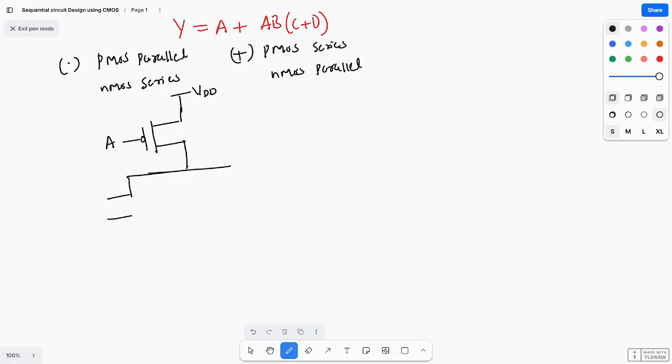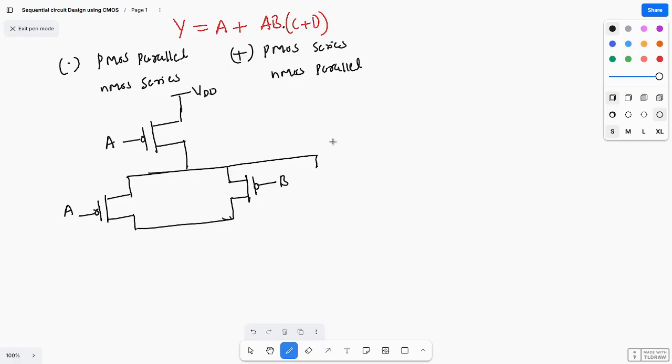Let us take this one A and B, parallel. Again AND operation means again parallel.